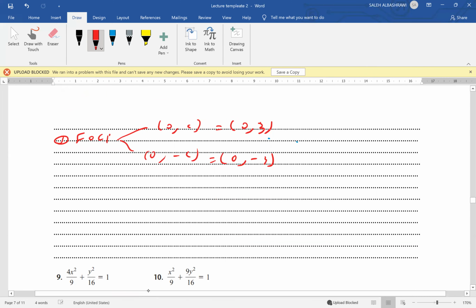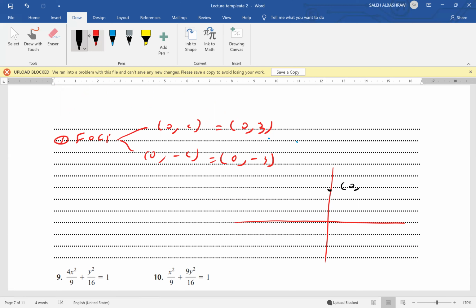So we can sketch this ellipse. This is the focus point F1, 0 and 3. F2 is 0 and minus 3, and V1 is 0 and 5, and V2 is 0 and minus 5.